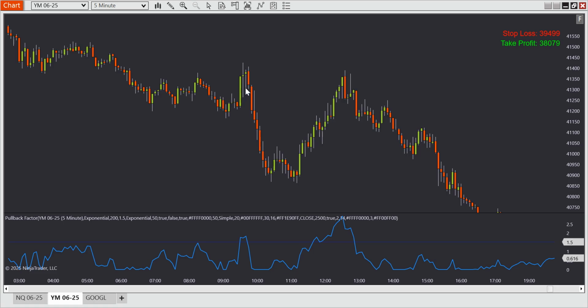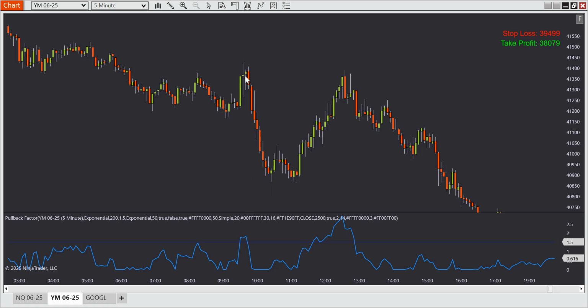But one thing I want to point out, something that is very strong confirmation with this indicator: if you see the pullback factor going above 1.5 and it does take a previous high, but of course we do see it play out, it makes a very strong move down to create a lower low.